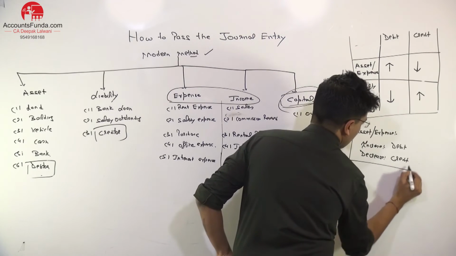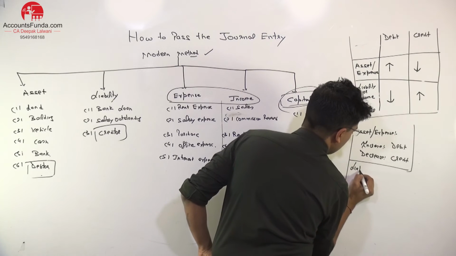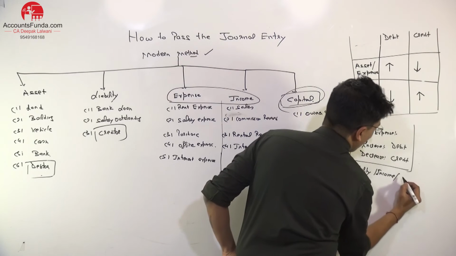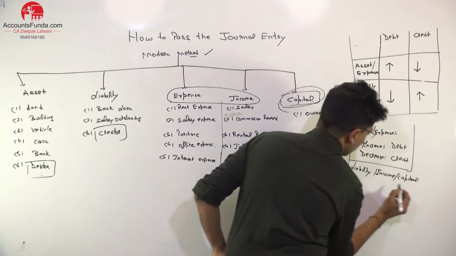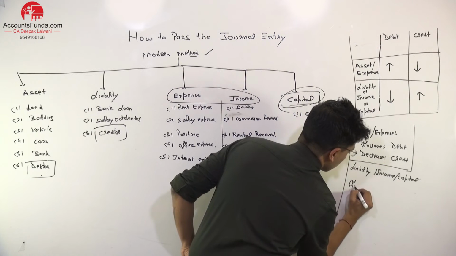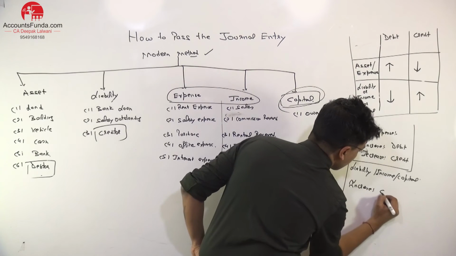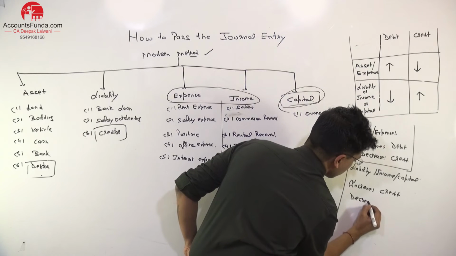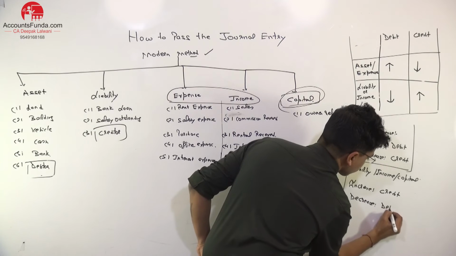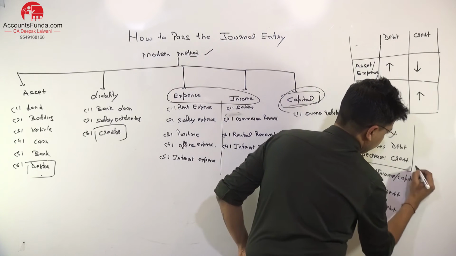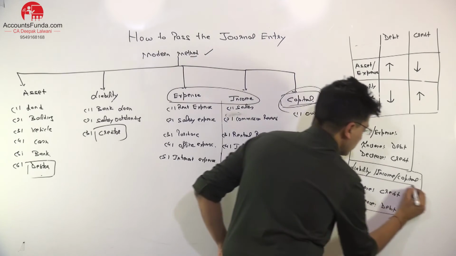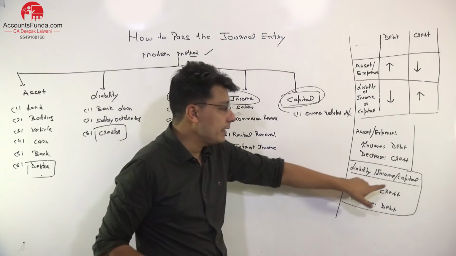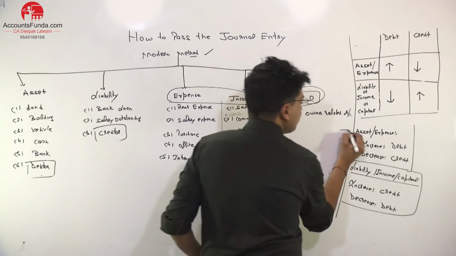Okay, and liability or income or capital: increase, credit; decrease, debit. So asset and expense have the same rule, and liability, income and capital have a separate rule.